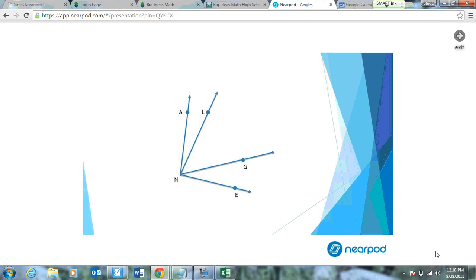So there's 1 here, 2, 3, but this one could be 4, this one could be 5, and the big one is 6. Okay? So if we want to talk about this little piece here, angle ANL. If we're talking about the middle one, angle LNG. N has to be the middle. Okay? All right, let me give you some practice.